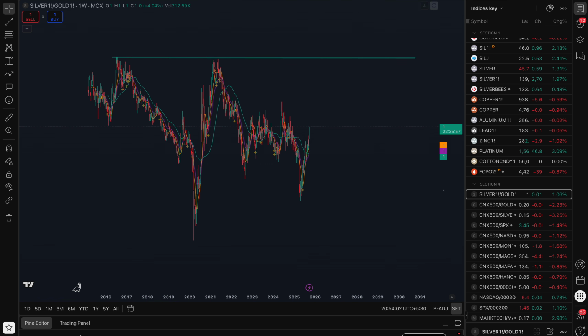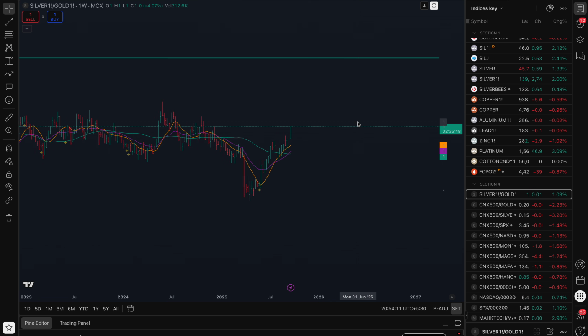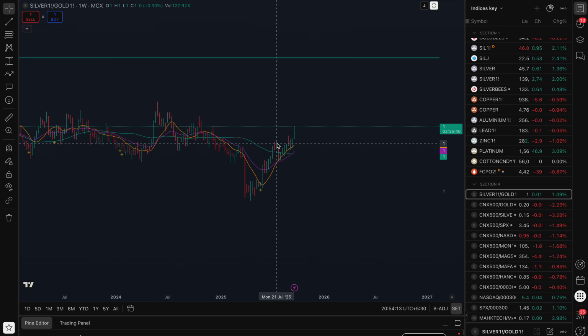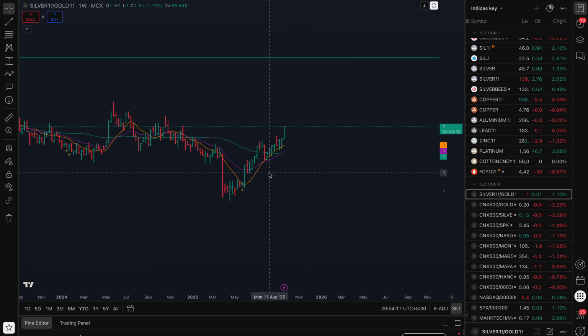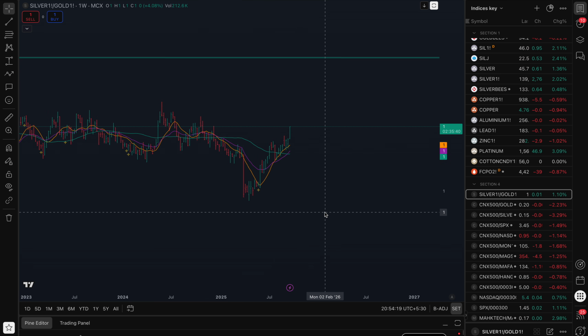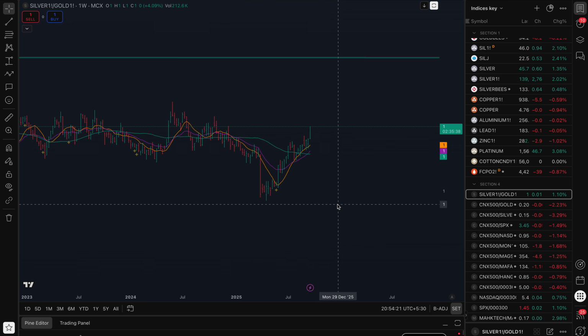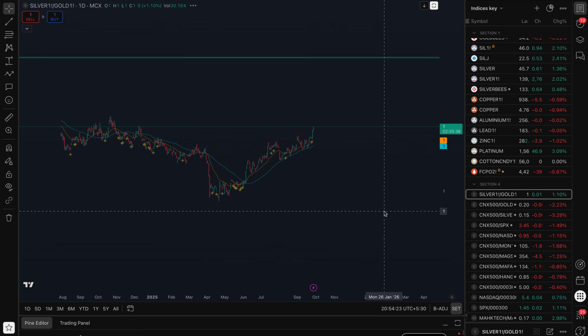This silver could outperform till the ratio chart goes still here, which is a long way out. And that's why, if you follow my commentary, I am bullish on silver way more than I am bullish on gold in recent times, and this is one of the observations from the charts.